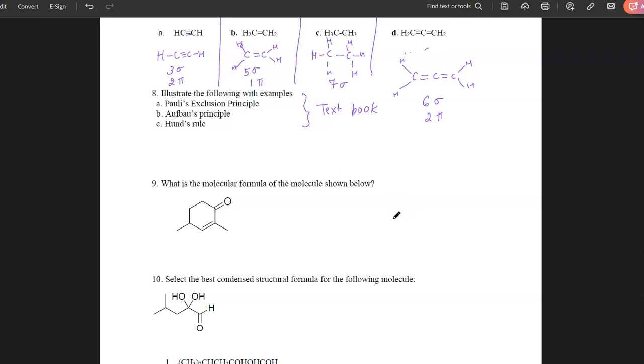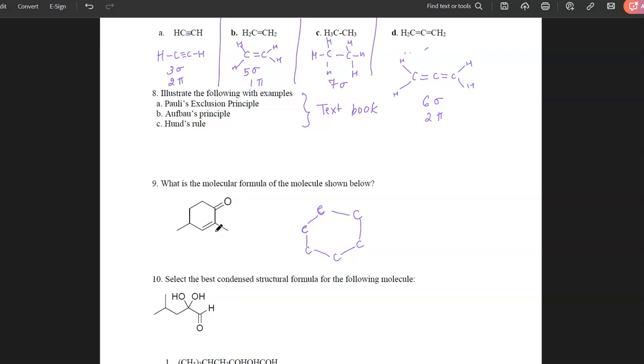Question 9 is asking what the molecular formula of the molecule shown below is. Every point in this structure represents a carbon atom. So if you redraw this structure, this is how it looks: a carbon connected to another carbon, a fourth carbon, a carbon here, another carbon which is connected to this one.